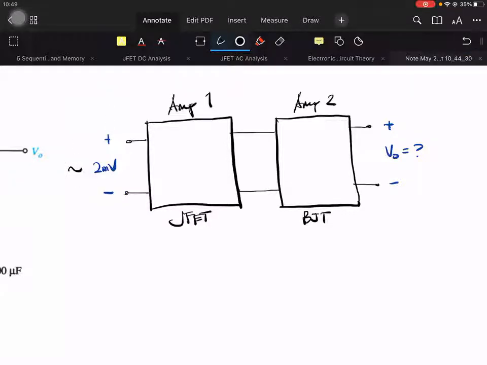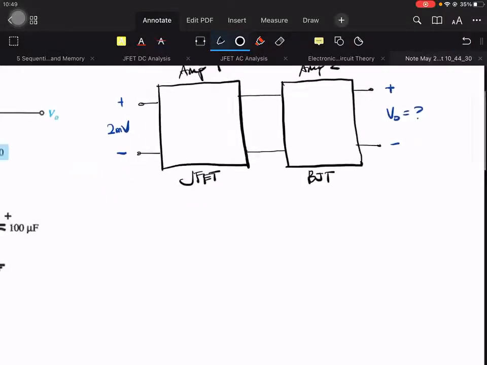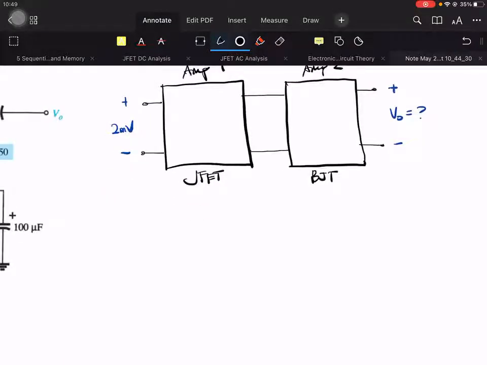So basically naman tayo idea, no? Our VO is equal to a gain, whatever this gain may be, times VI. It's just as simple as that. That our VO is just a product of a particular gain times VI.